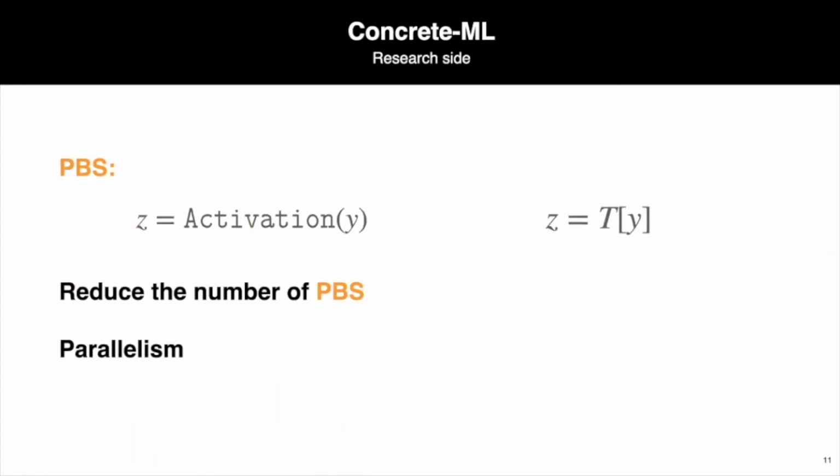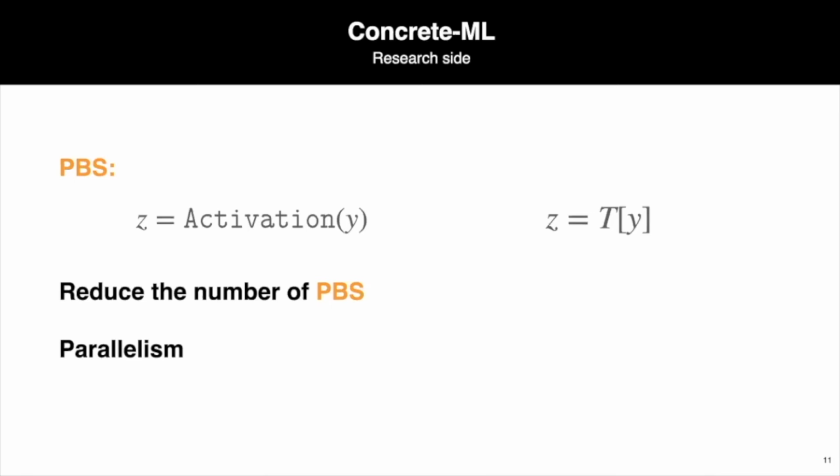Okay, so that was our first and main problem. Then we have the PBS. The PBS, I told you, is the way to replace the activation functions or any nonlinear function by the equivalent of a table lookup.